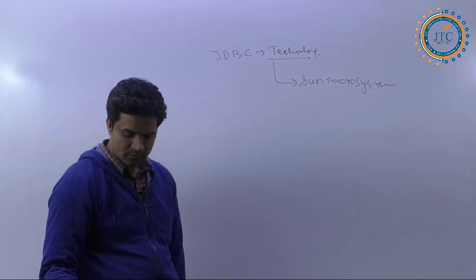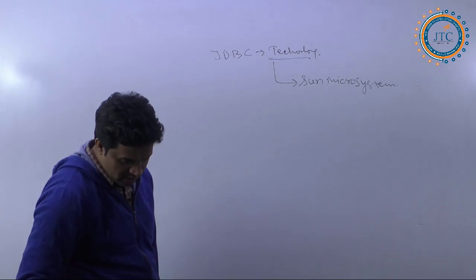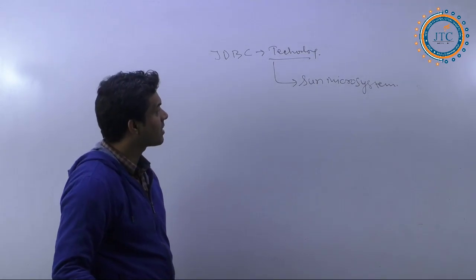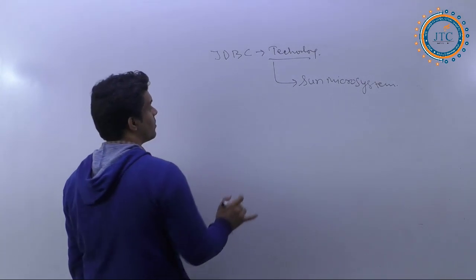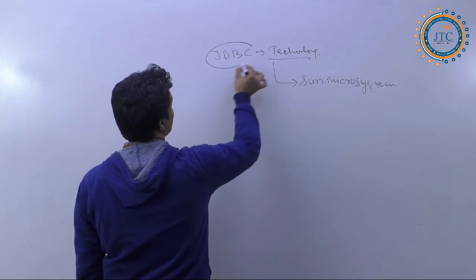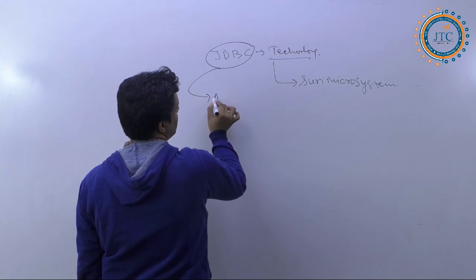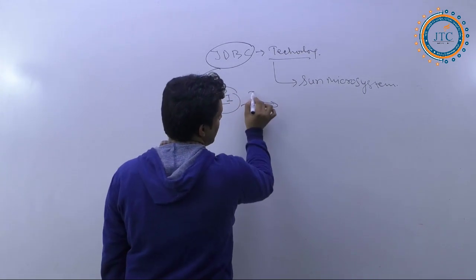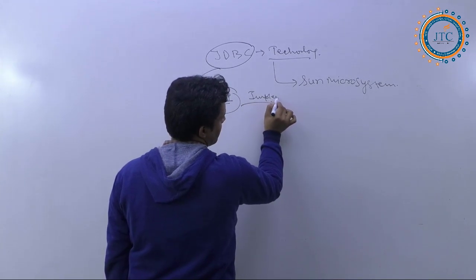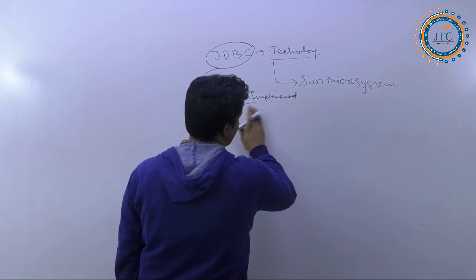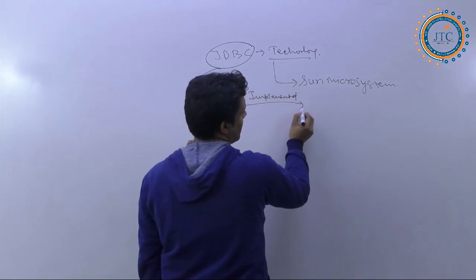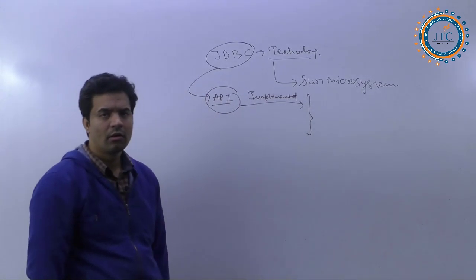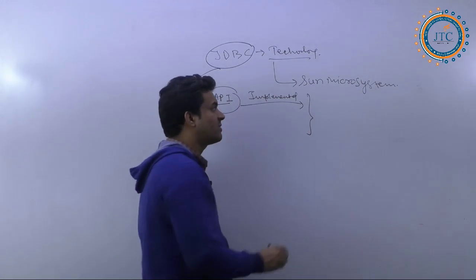Is it okay? Now when Sun Microsystem is giving this technology, as I told, in another sense it is something called an API which has been implemented by other database vendors.